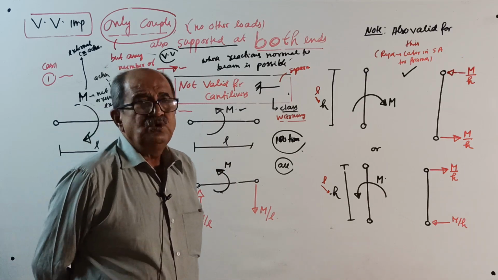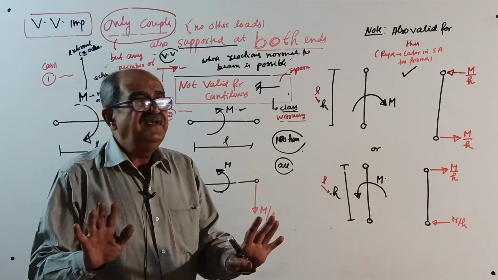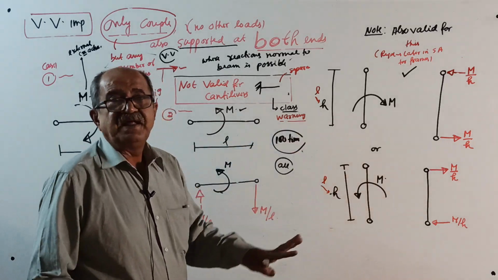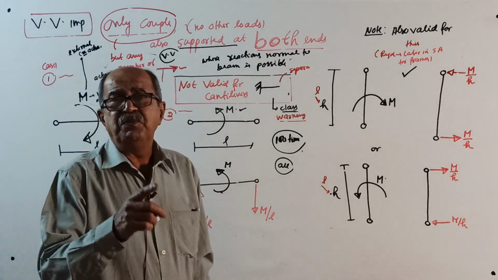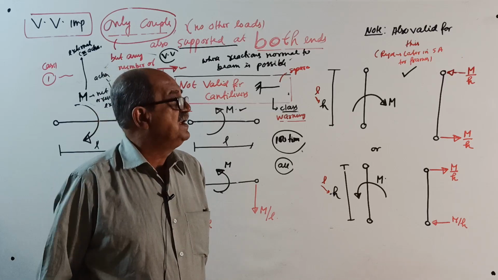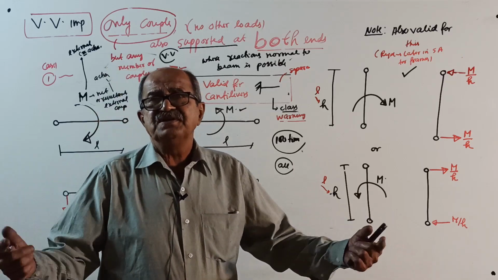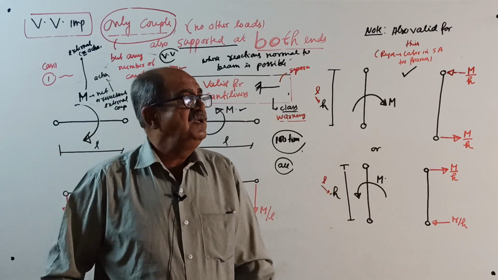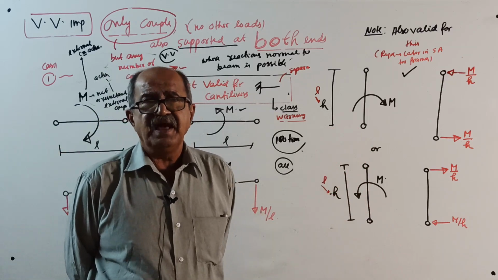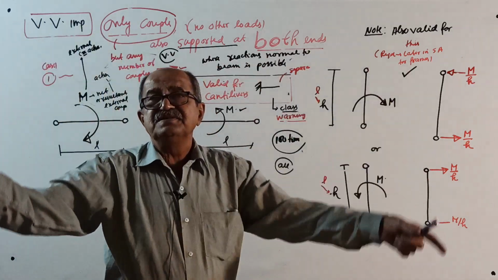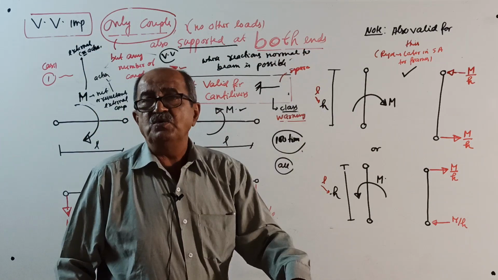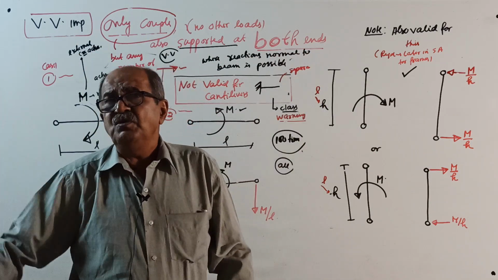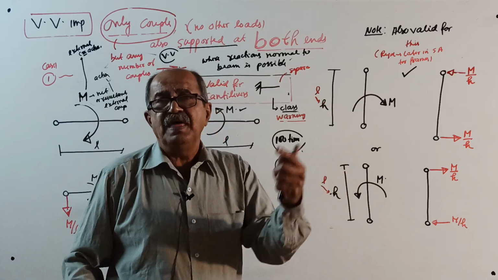Or for those who have difficulty, an easy method is there, write it 100 times. Nothing required. First of all, before you write that note, make it: both reactions are equal in magnitude, but opposite in direction. Big letters. Therefore, if one side is up, the other side is down. If this side is down, that side is up. That you have to remember.